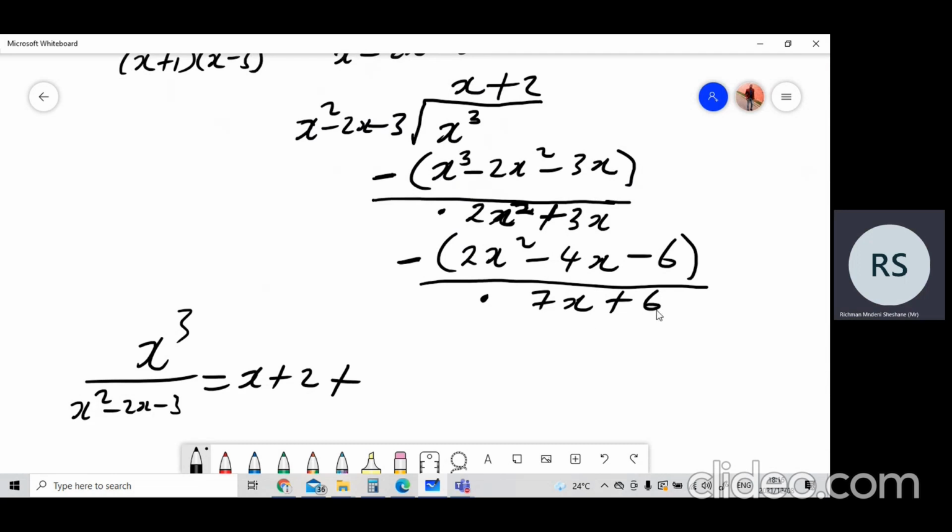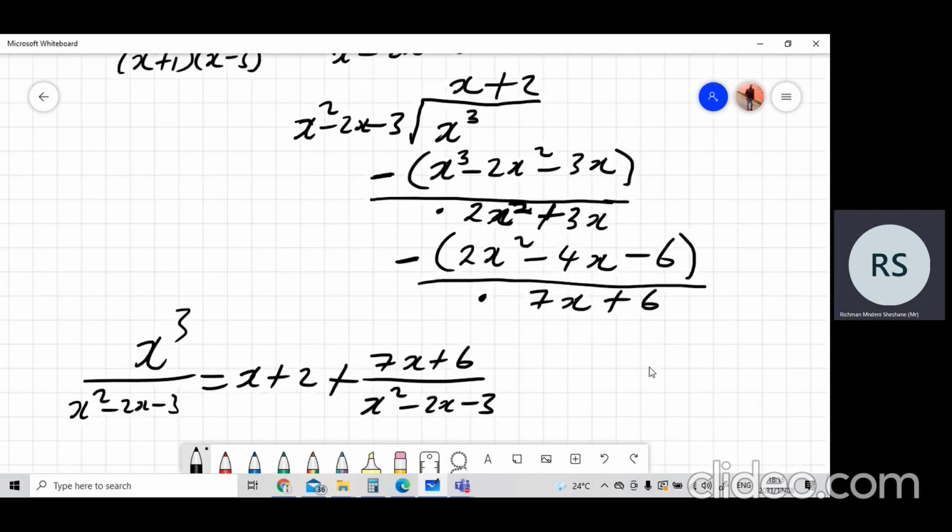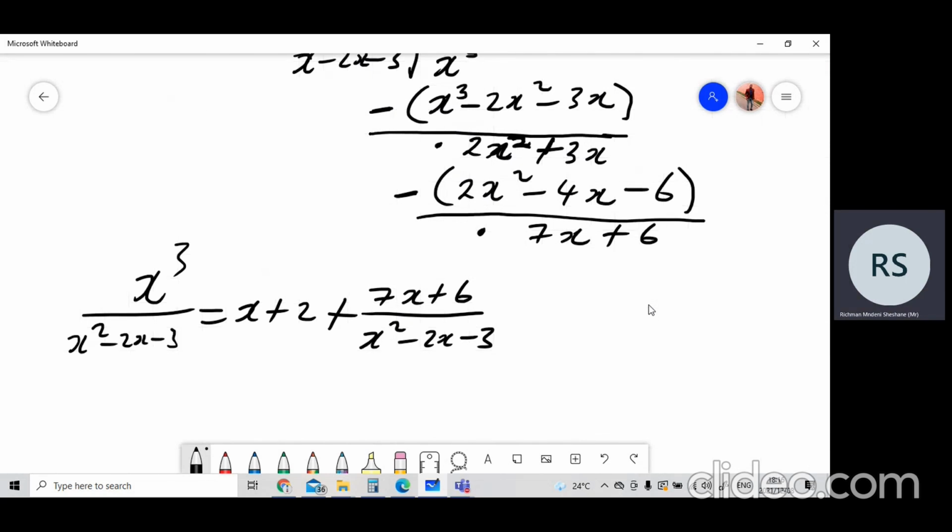The remainder is 7x plus 6 divided by x squared minus 2x minus 3, but you can't divide because this has a lower power. So with the long division, this is x plus 2 plus 7x plus 6 over this.